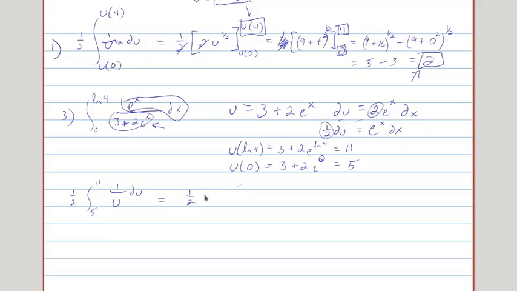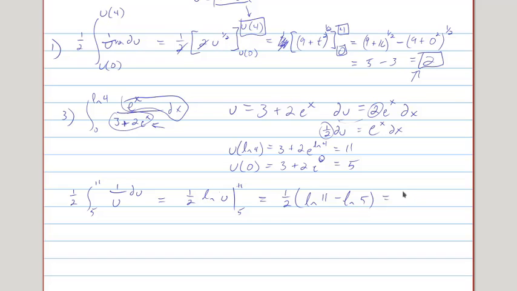This is 1/2 ln of u. And we're going to integrate that from 5 to 11. Not a problem. 1/2 ln of 11 minus ln of 5.